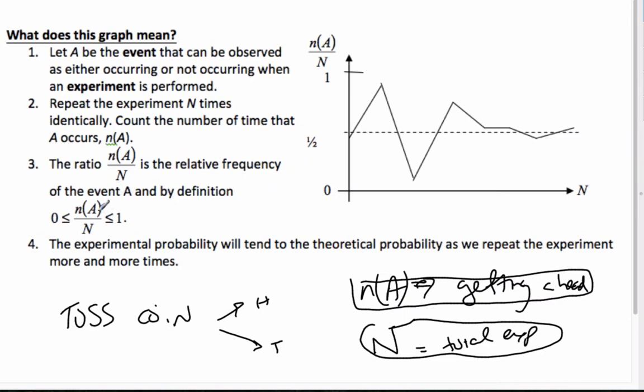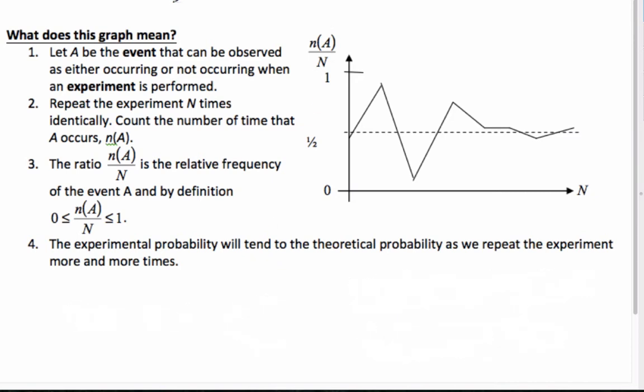And by definition, this value has to be between 0 and 1, or equal to either one. Because what could happen is, if I toss my coin one time and I get a head, well, that would mean big N would be 1, and the number of successes is also 1, which is equal to 1.